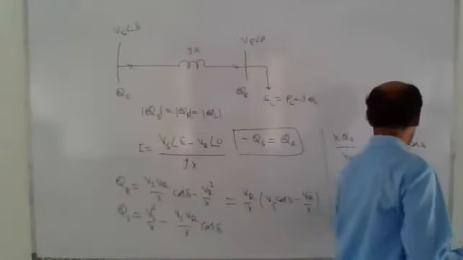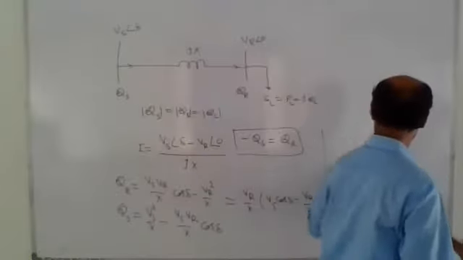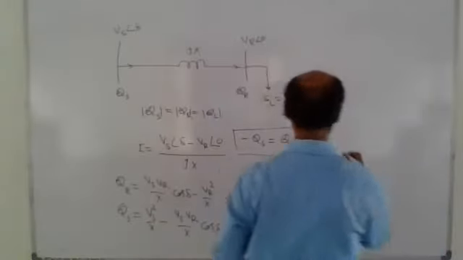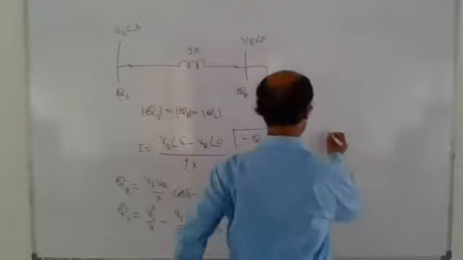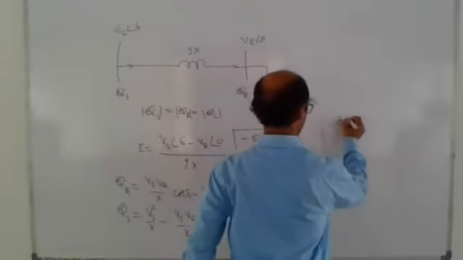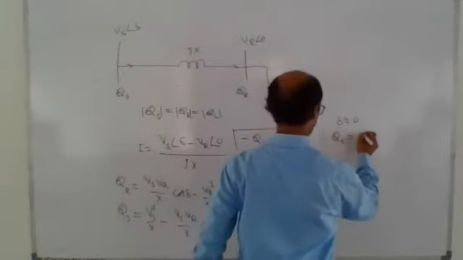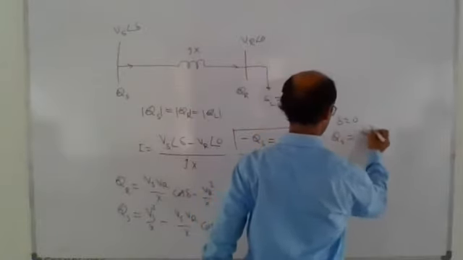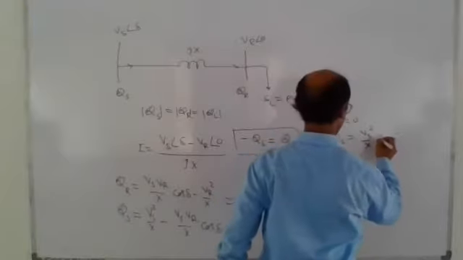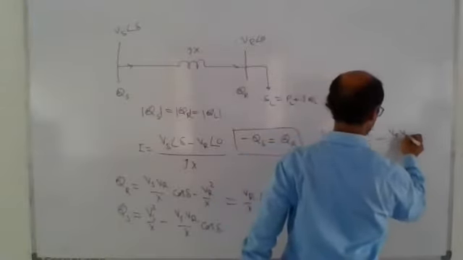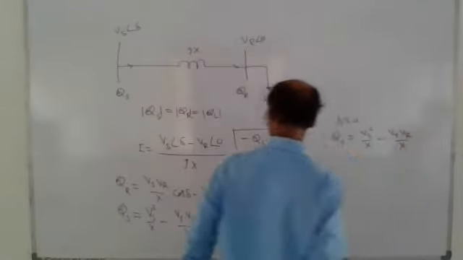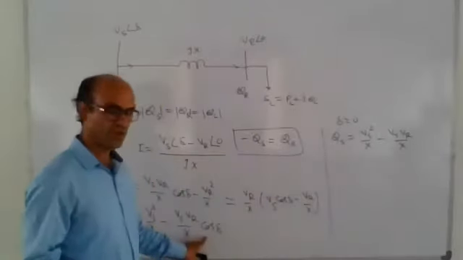Then if you simplify it a little bit, what is QS? Put delta approximately 0. Then QS equals VS square by X minus VS VR by X, because cos 0 is 1.